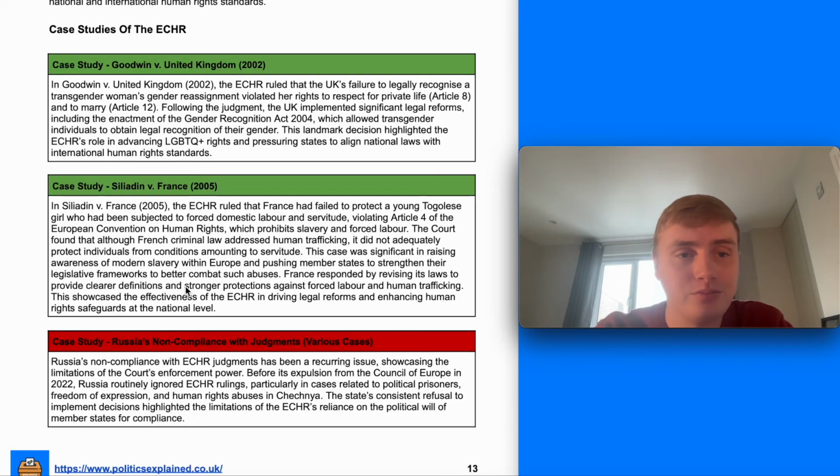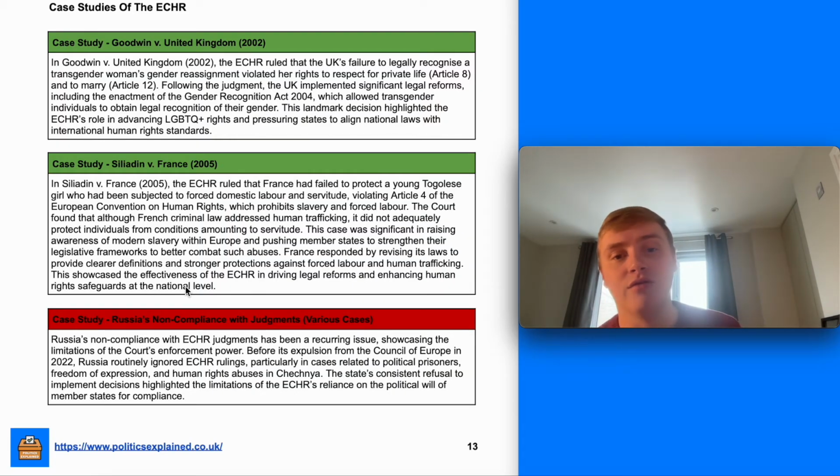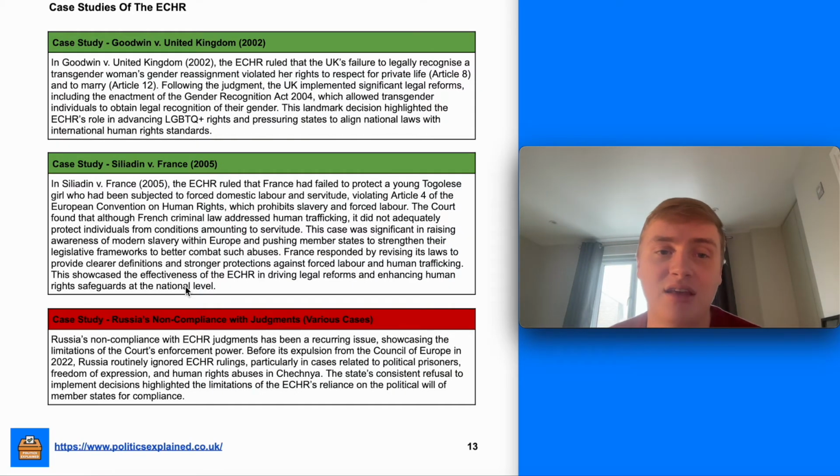rights standards. There's another example of that in Siliadin versus France in 2005, where the ECHR ruled that France had failed to protect a young Togolese girl who had been subject to forced domestic labour and servitude, therefore violating Article 4 of the ECHR, which prohibits slavery and forced labour.